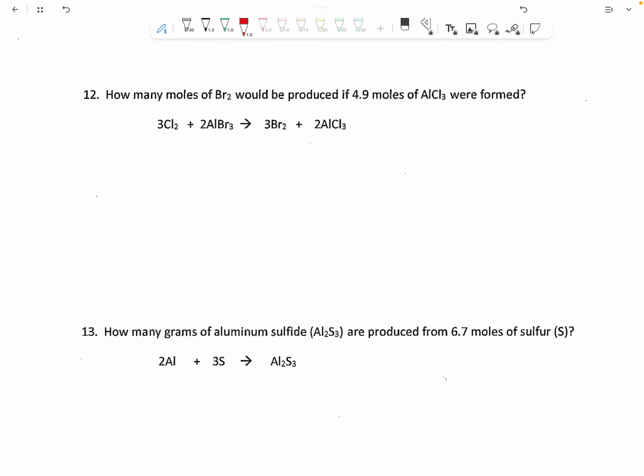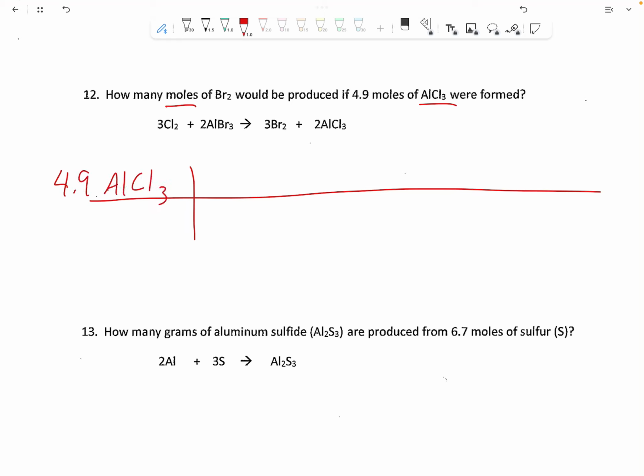This is a mole-to-mole problem. How many moles of bromine will be produced if 4.9 moles of aluminum chloride were formed? So aluminum chloride, that's our A, and we're going to find the moles of Br, that's our B. So A over here, B over here. What you're going to do first, and that is moles, let's put moles right here. You're going to go straight to the mole ratio.